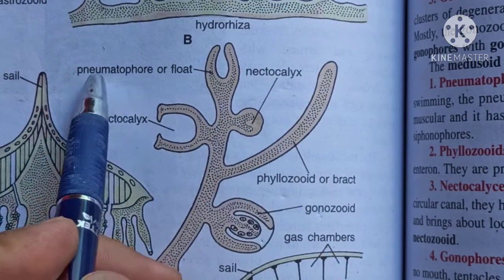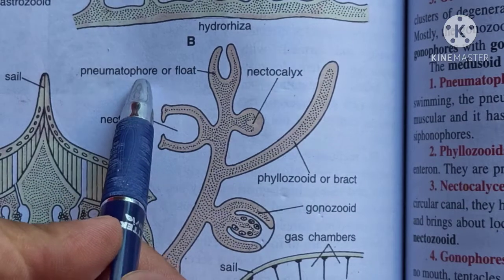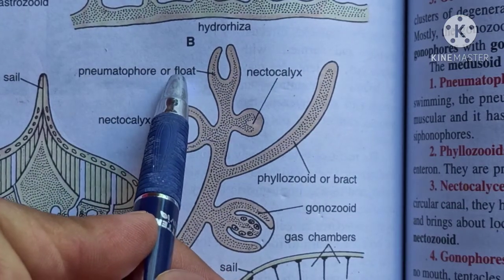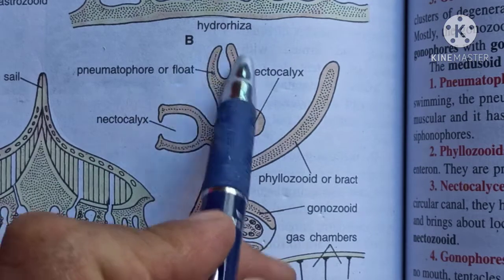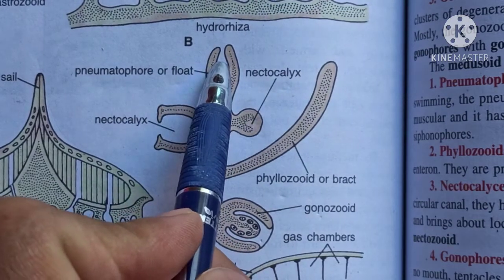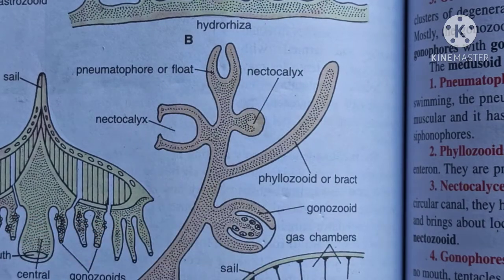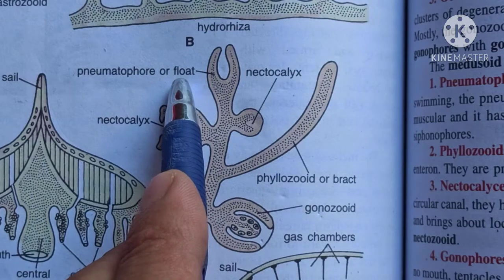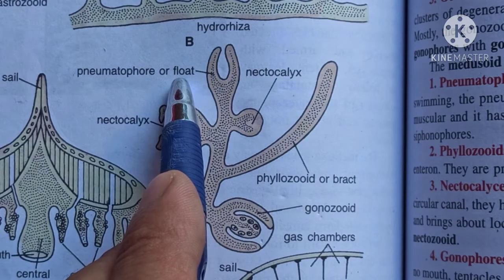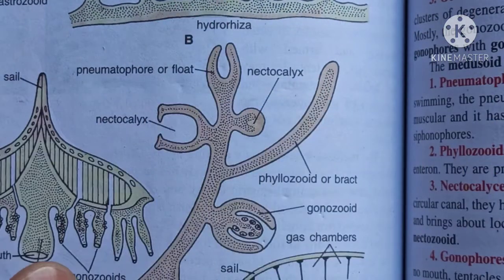Then the second one is pneumatophore. It is also called float, and this float is filled with a mixture of gases. As the name suggests, pneumatophore helps in flotation of the colony on the water surface.